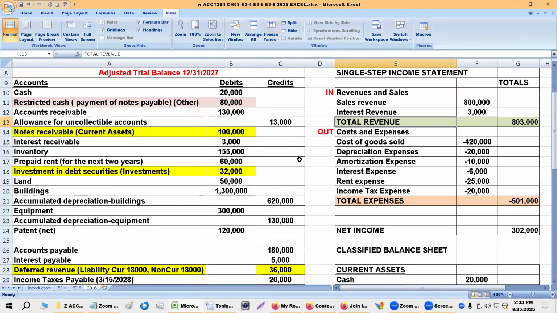All right, accounts receivable and allowance for uncollectible accounts. We'll copy those both down together. They go together.